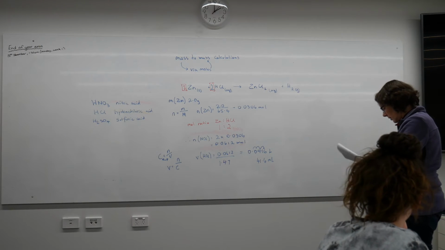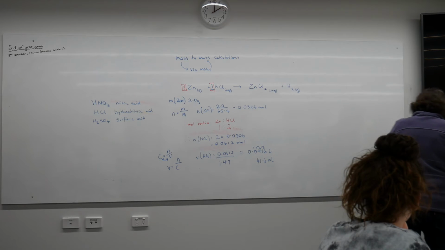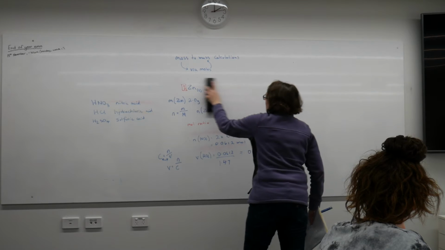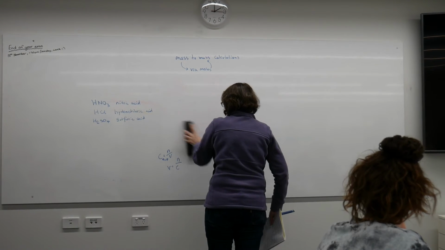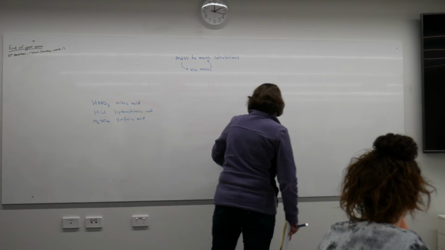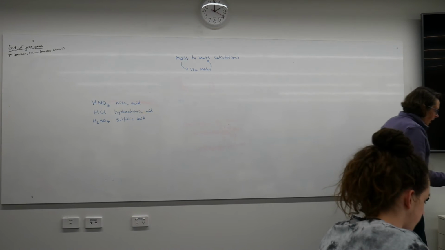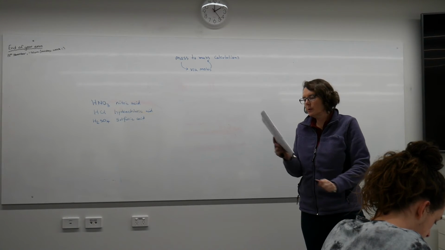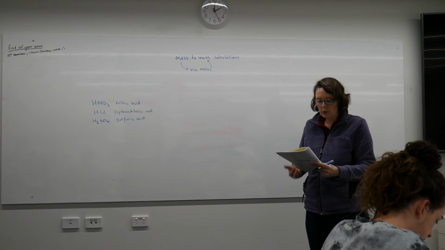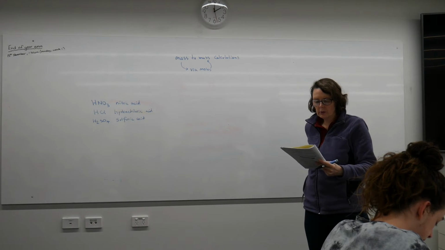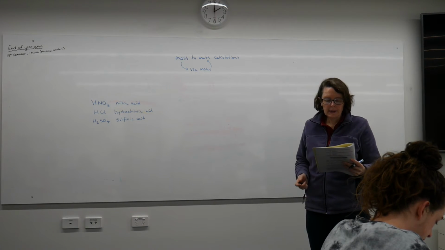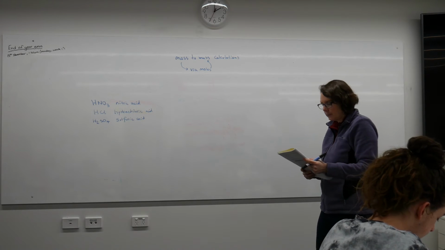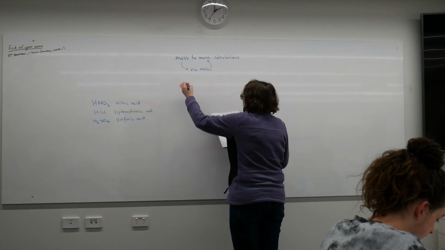Let's do our final working example together. What mass of lead iodide is formed when 25 mils from a pipette of 0.492 moles per litre solution of potassium iodide is added to a solution containing excess lead nitrate? And we're given the equation.